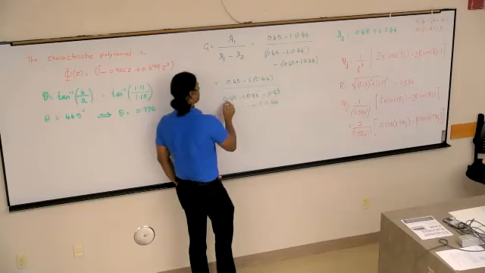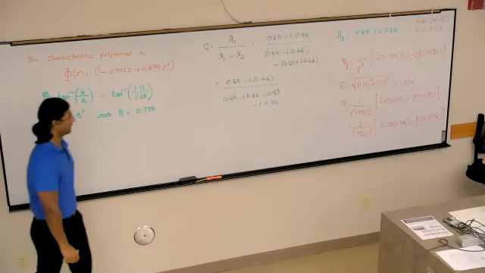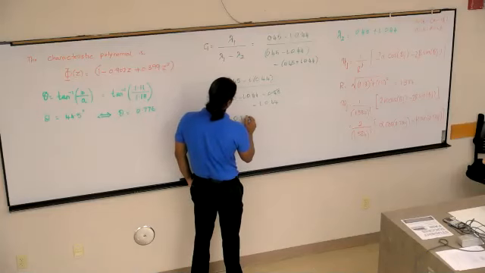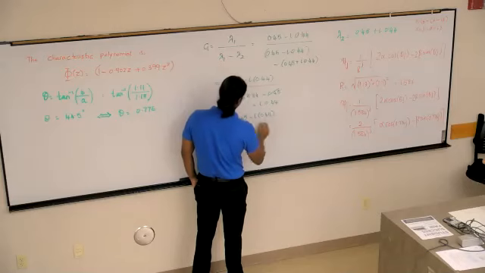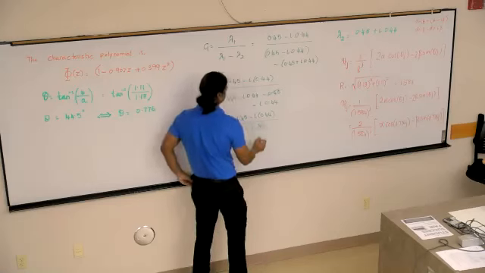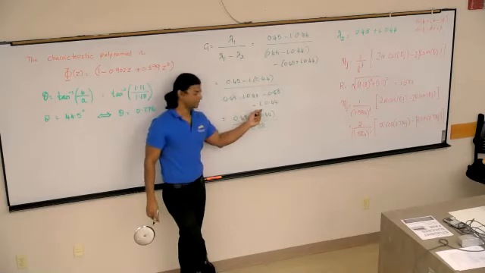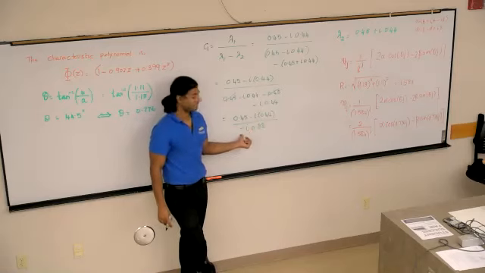So 0.45 and negative 0.45 will get cancelled. So we will have 0.45 minus I 0.44 divided by minus I 0.88. 0.44i plus 0.44i is 0.88i, and there is a negative.